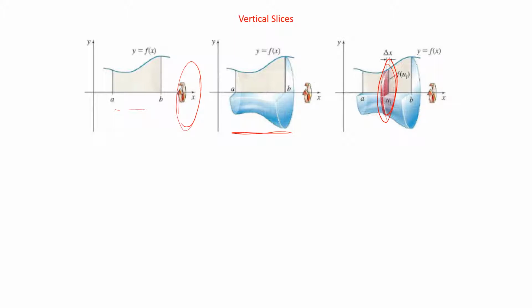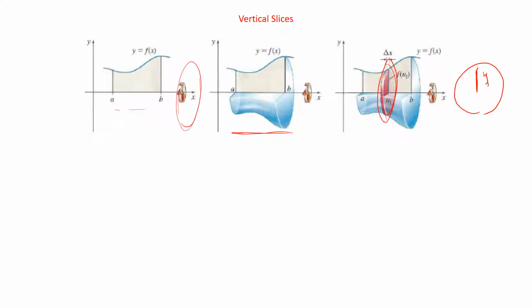In those circles, if we looked at one of the circles, we have the axis right there. The radius is the y value. So that's going to be the radius. We have pi r squared. The radius is the y value. And then the width is dx.